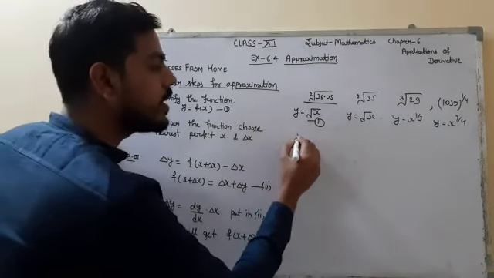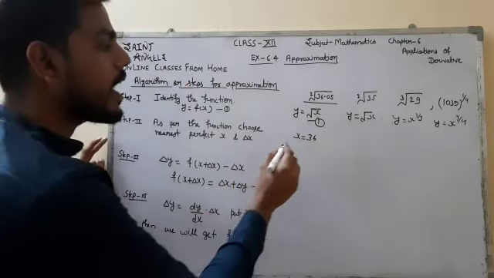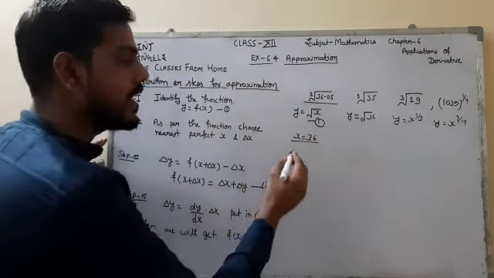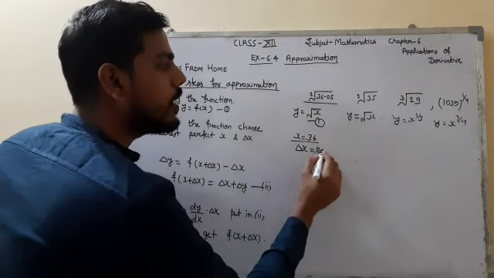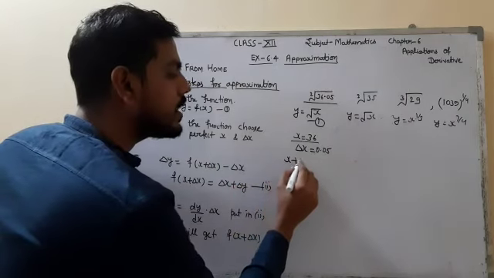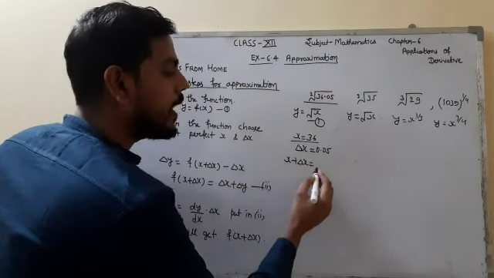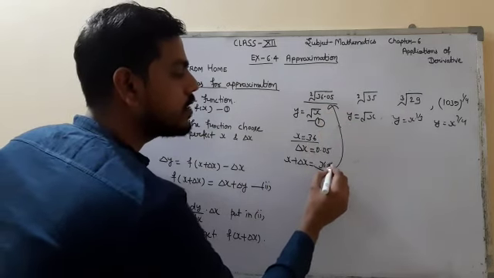It would be 36, because we know that the square root of 36 is 6. So my x would be 36. Then what will be my delta x? Delta x would be 0.05. I hope it's clear, because when x plus delta x combine, we should get the problem. So it would be 36.05.